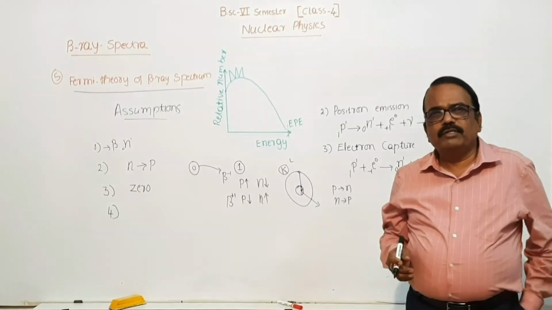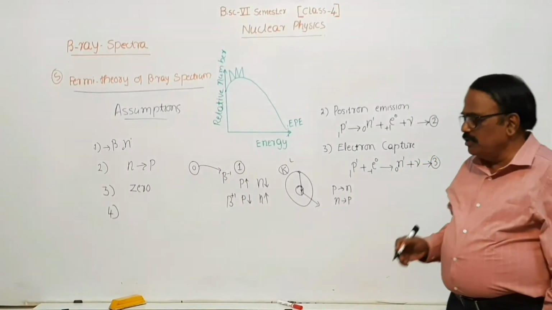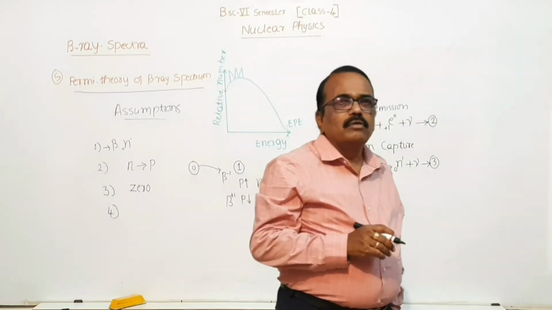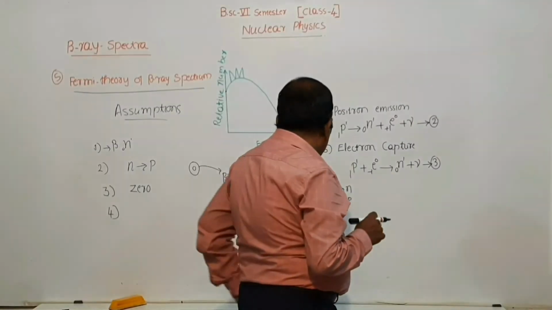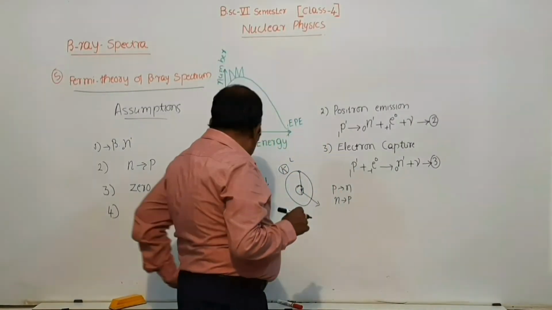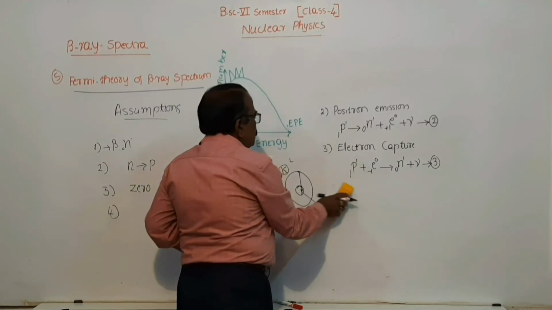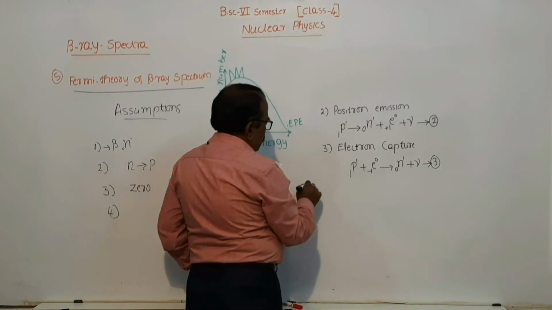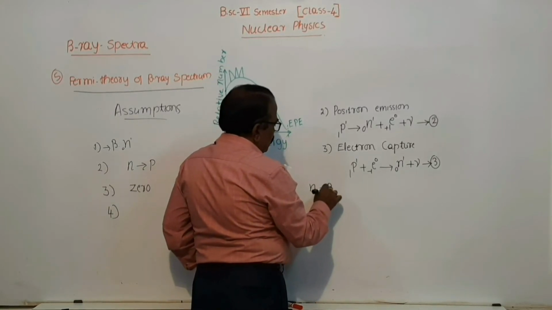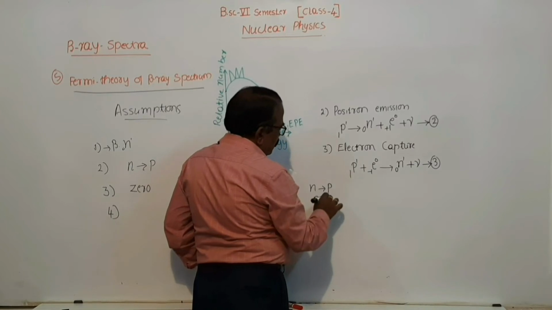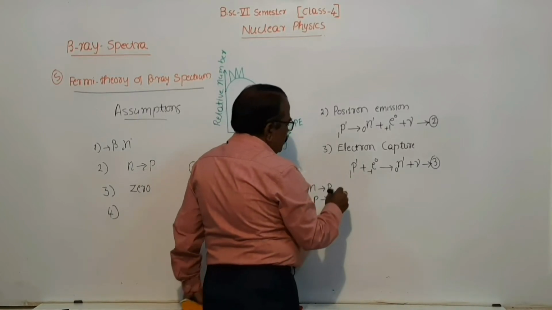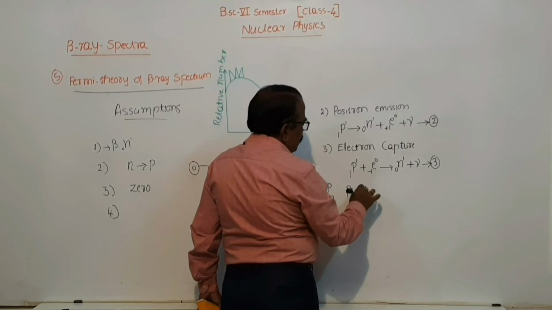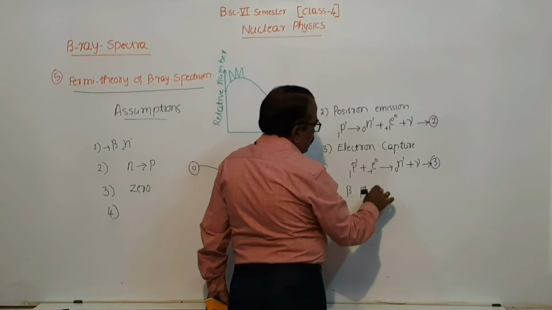To make the calculation, it is necessary to introduce a force which produces these changes. Which produces these changes means the conversion of neutron to proton and proton to neutron, emitting beta particle, positron and neutrino.